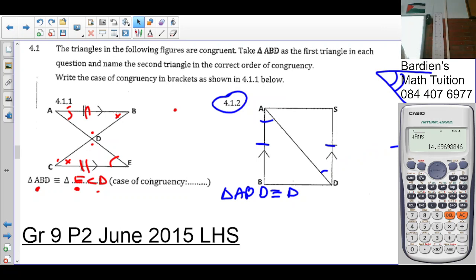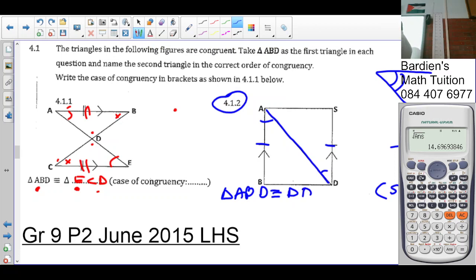This length, AD, is a common side. So what case of congruency is this? Side, angle, side. So the case of congruency is side, angle, side. Right. So angle A must be to which angle?